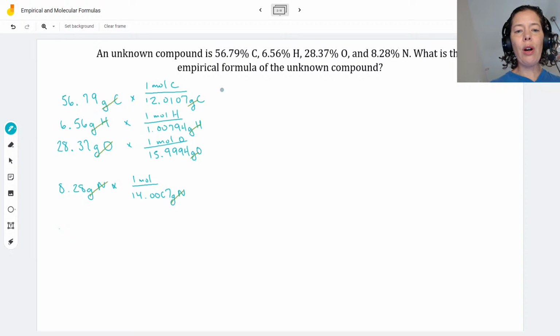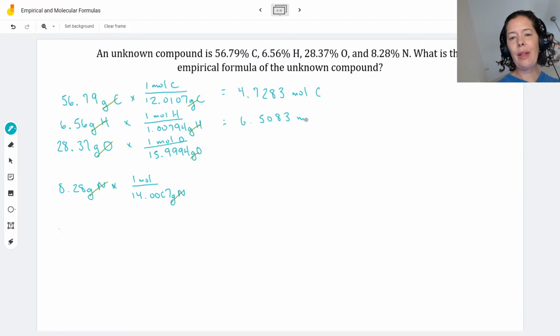So for our carbon, if we do this math, we get 4.7283, and now this is moles of carbon. So for hydrogen, again, just going ahead and converting it to moles. Obviously, it is nearly the same thing. So that's moles of hydrogen.